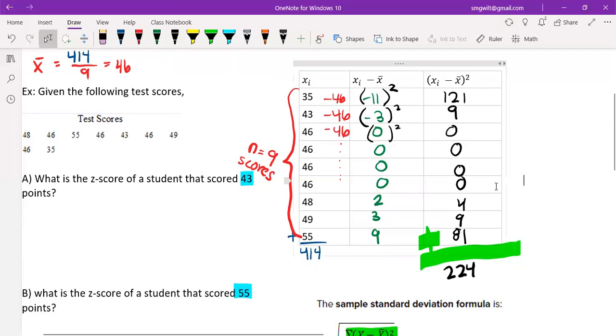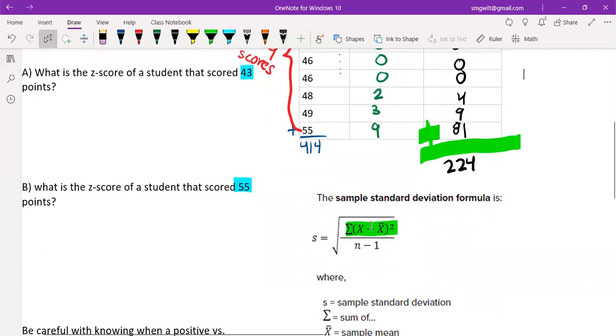So looking at that, the formula for standard deviation is that I take the square root of that number. So we got 224, the sum of the differences squared, and then we're dividing by n minus 1. Remember that n was 9, so we're subtracting 1 from 9.